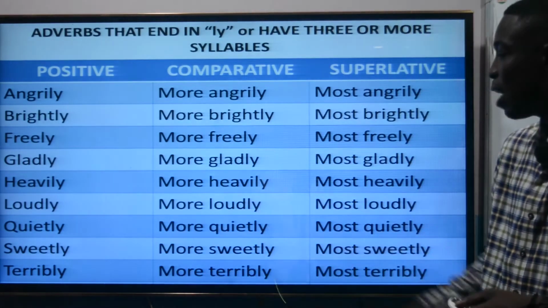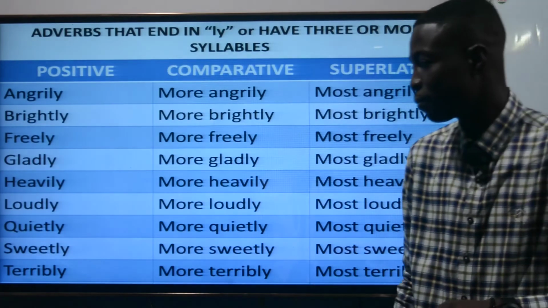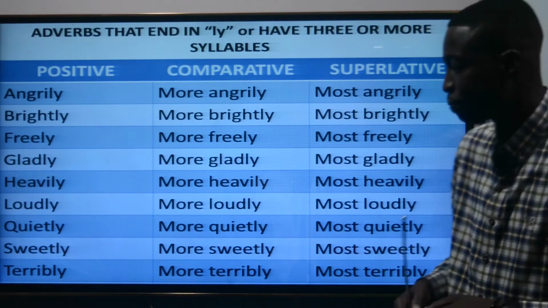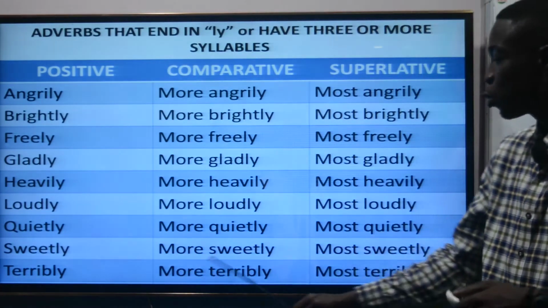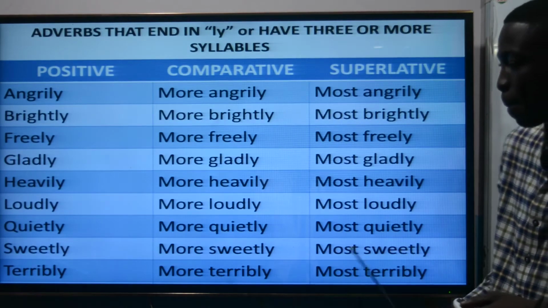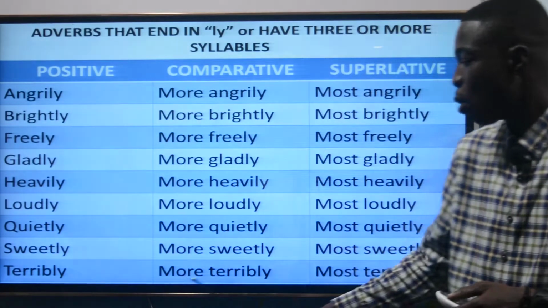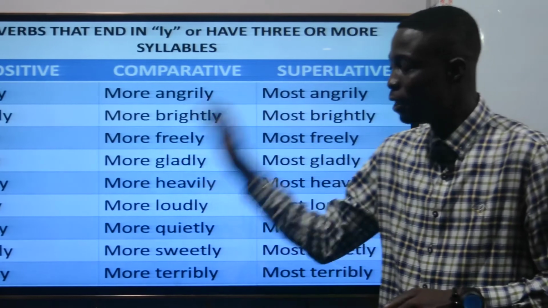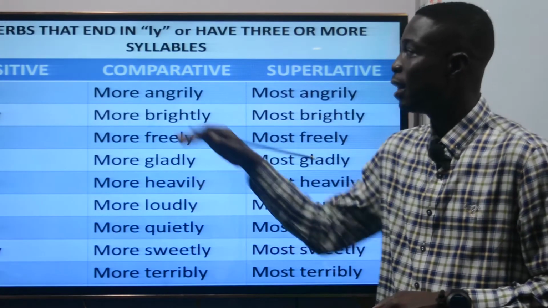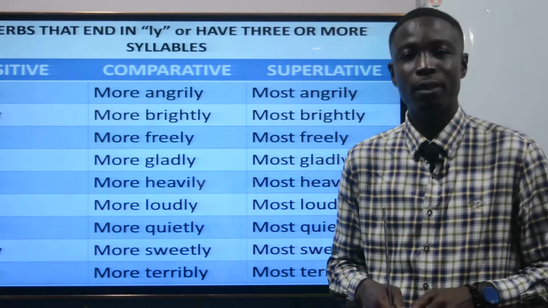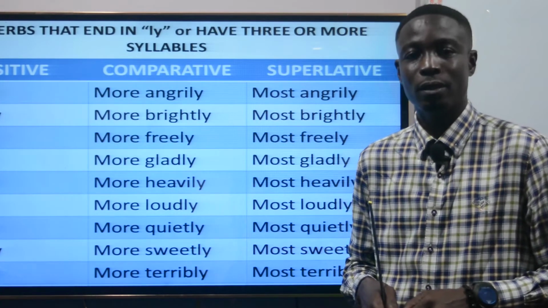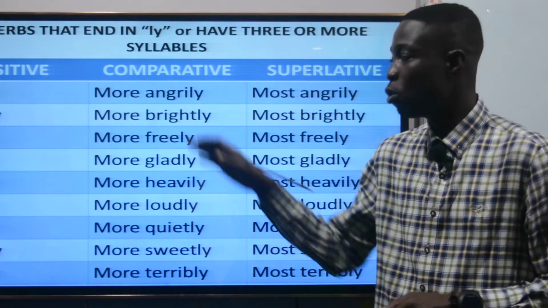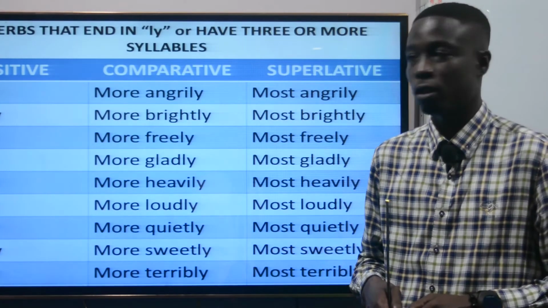Loudly, more loudly, most loudly. Quietly, more quietly, most quietly. Sweetly, more sweetly, most sweetly. Terribly, more terribly, most terribly. These are just a few of the adverbs that end in ly, with their comparative and superlative forms. You can go on and list a lot of them.